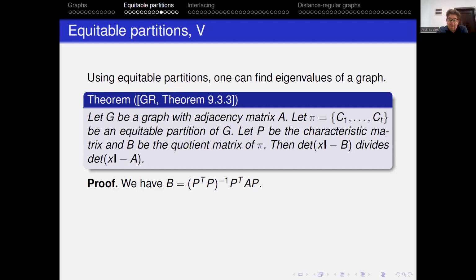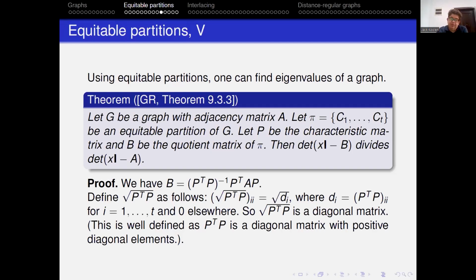So we know that B is (P transpose P) inverse times P transpose AP. Now we define the square root of P transpose P, because that is a diagonal matrix. So what we do is we take the square root of the diagonal matrix. This is well defined because P transpose P is a diagonal matrix with positive diagonal elements.